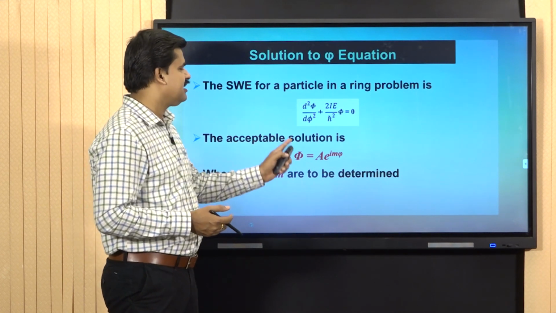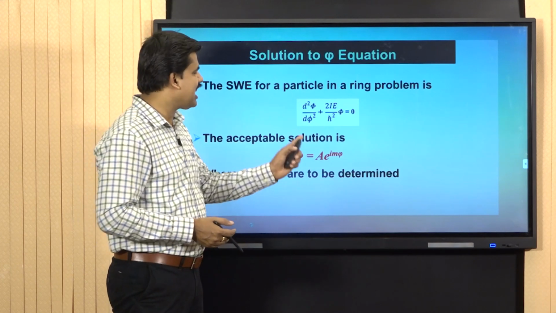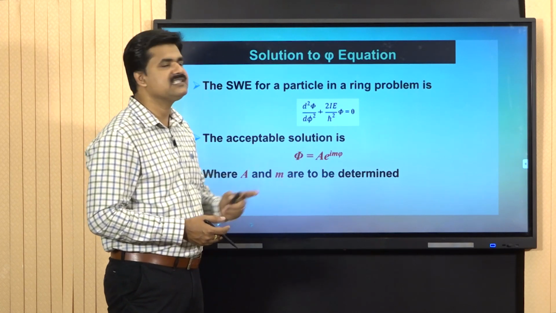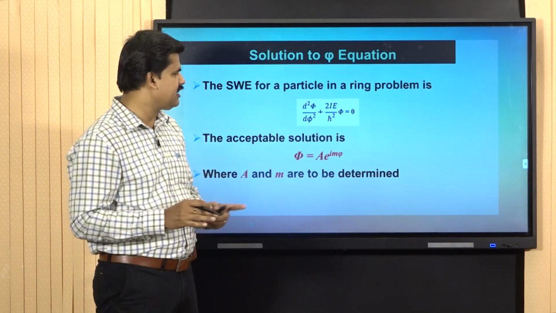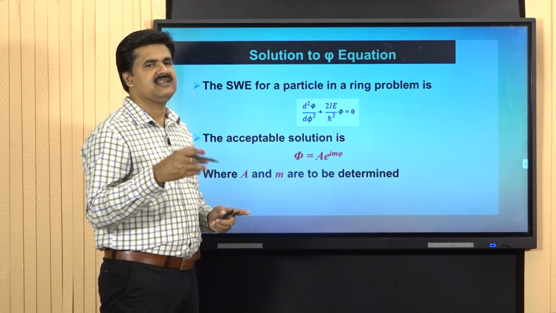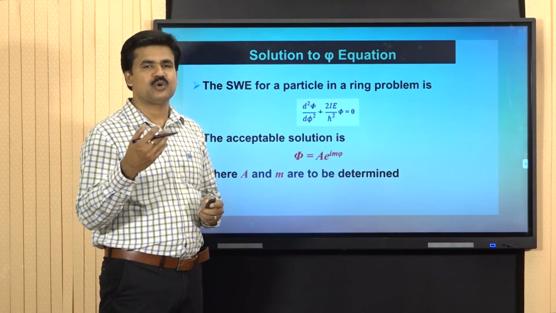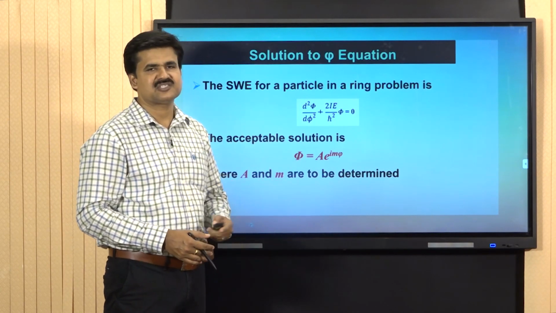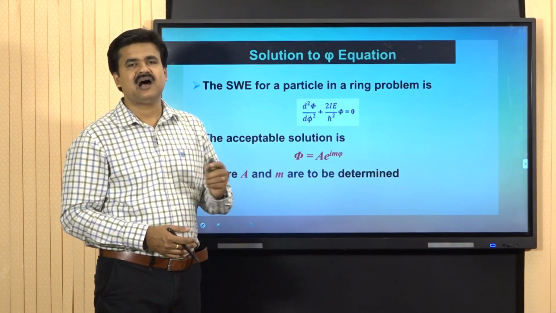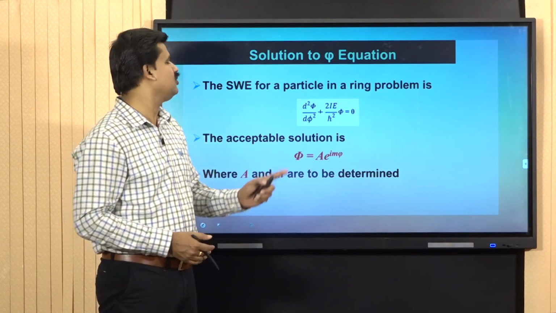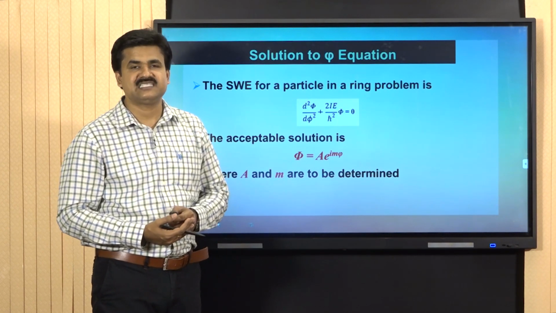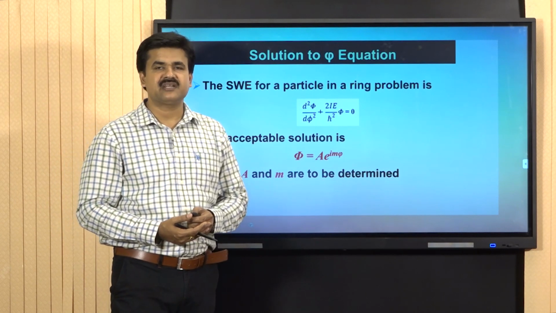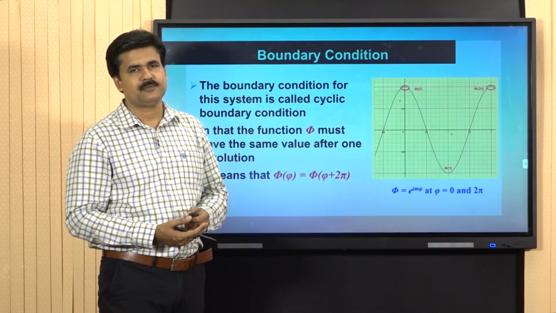That is, Phi is equal to capital A into e raised to im phi. Here A is a constant and later it can be seen that it is equal to the normalization constant, and m is another constant. A and m are to be determined. So the solution is Phi is equal to A into e raised to im small phi.